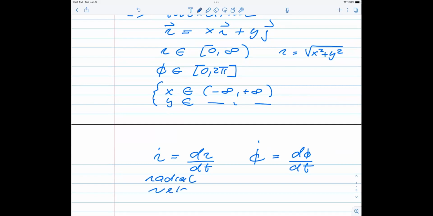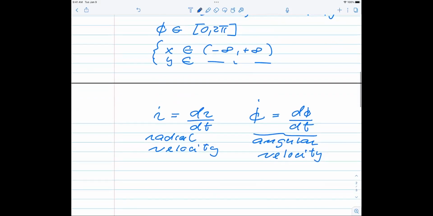So instead of having the velocity in the x direction and the velocity in the y direction, we have the radial velocity. And this other quantity which you see here is just the angular velocity. So these are names which we're going to use again and again. So instead of x and y velocities, we have radial and angular velocities.